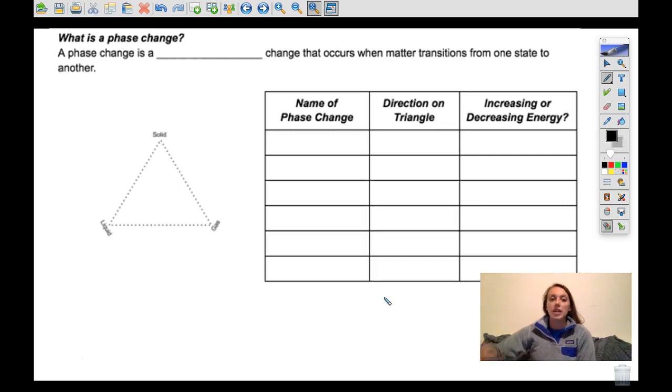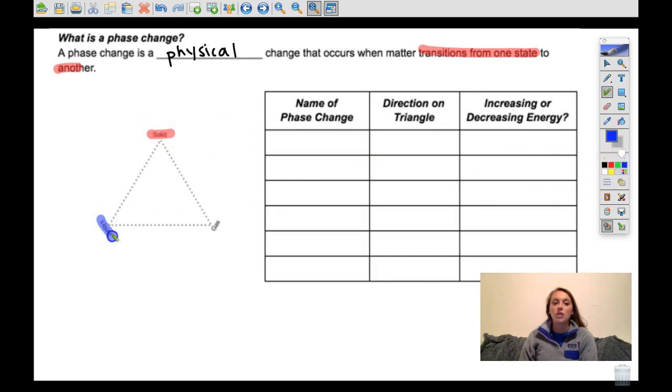So a phase change is a physical change, and we're going to learn about physical and chemical changes later in this unit. And these are changes that occur when matter transitions from one state to another. So it's easier to think about it in terms of a triangle, where we have our solids, our liquids, and our gases.